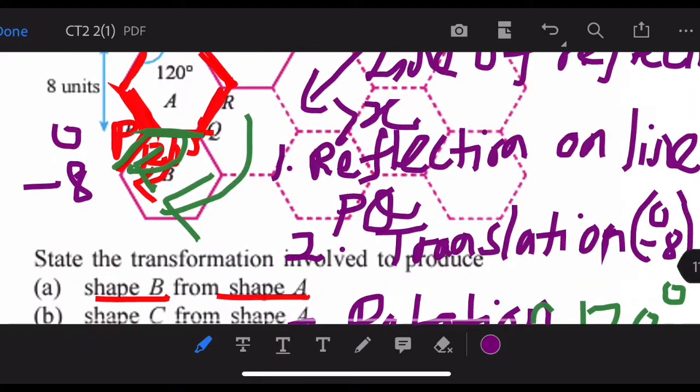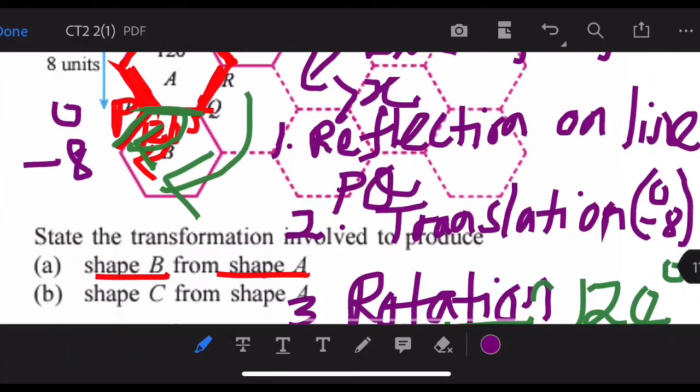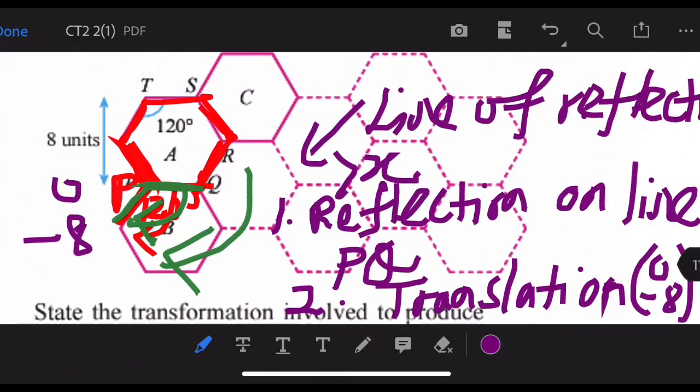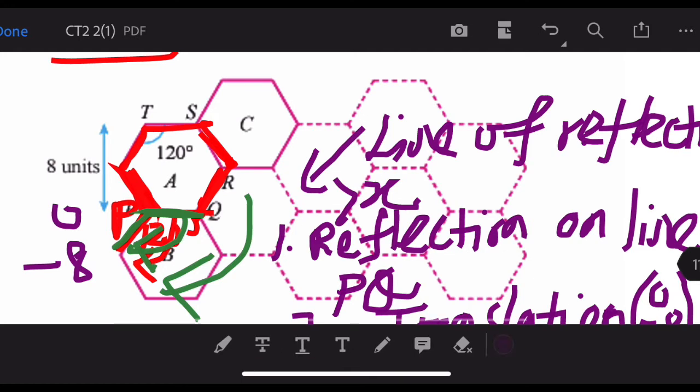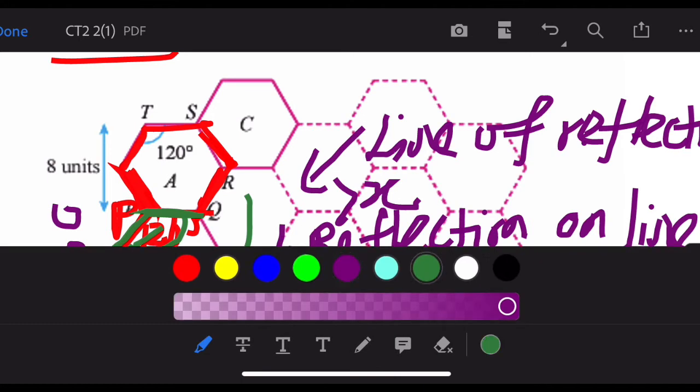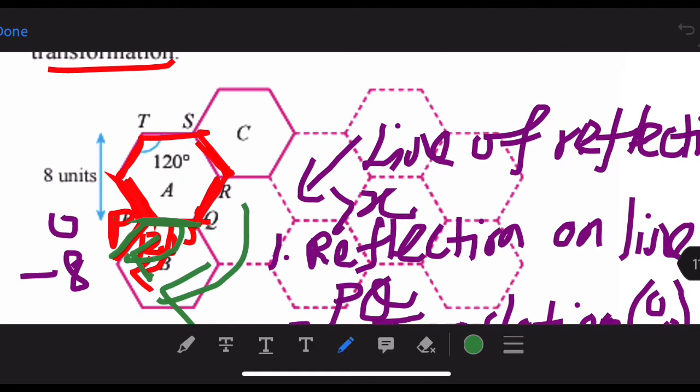How about if we transform A to C? Let's say now we want to transform A to C. So we actually can do rotation or refraction, isn't it?